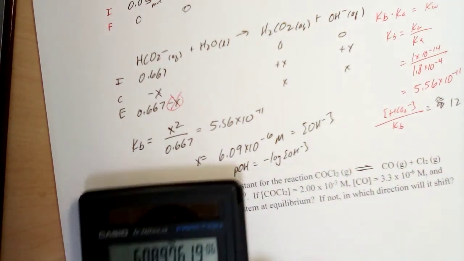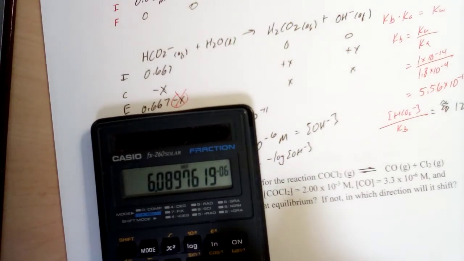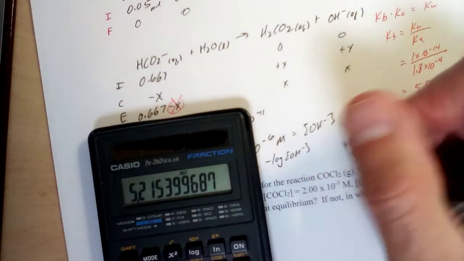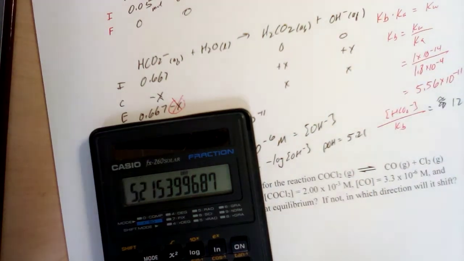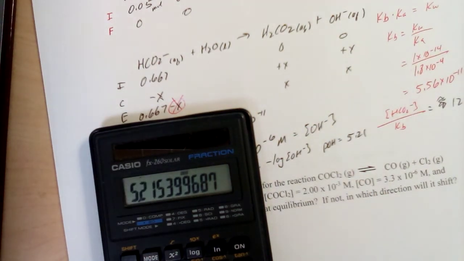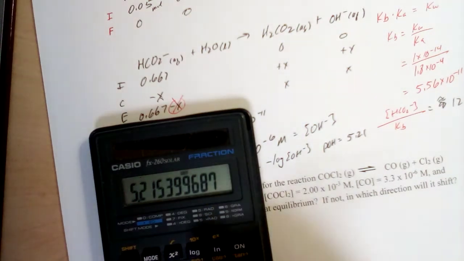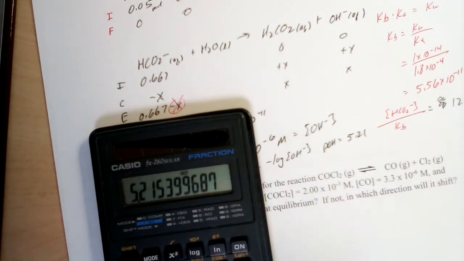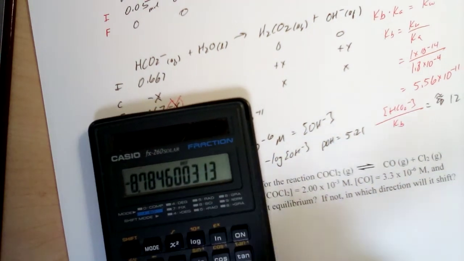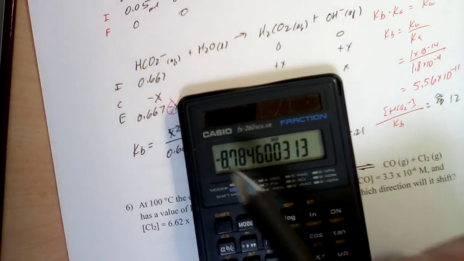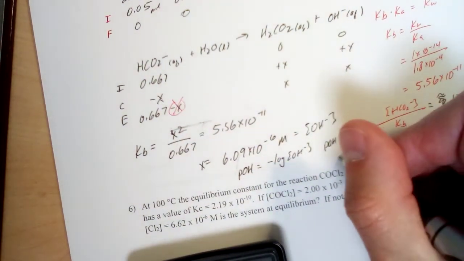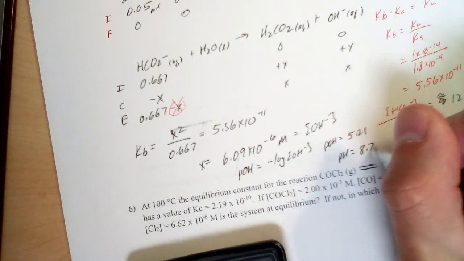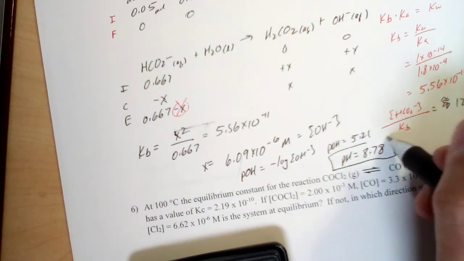So if I take just the negative log of my previous answer, so log and then change the sign, that's the pOH, 5.21. pH added to pOH is equal to 14, so if I subtract that number from 14, on my calculator, I'm just subtracting 14. I have a negative sign, but that's because I did it in the opposite order. That means the pH is 8.78 for this particular problem. And that's our final answer.